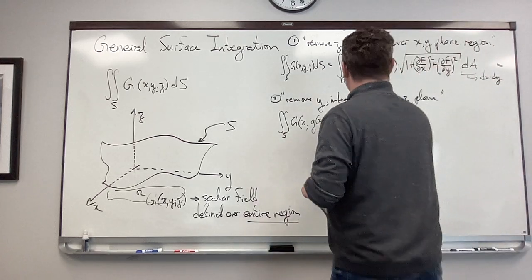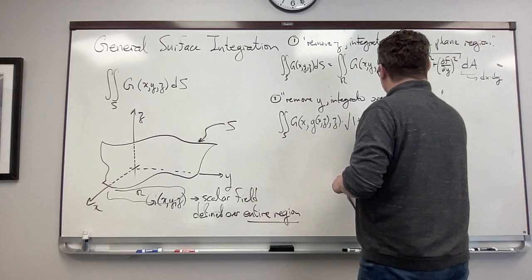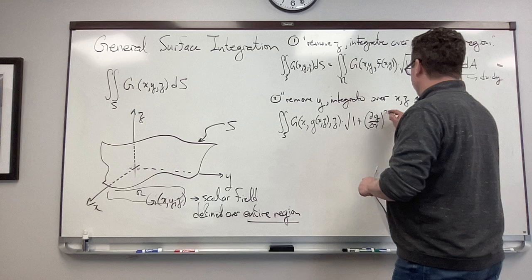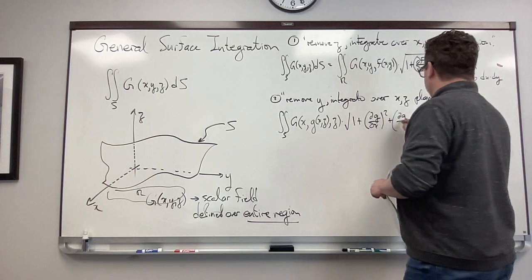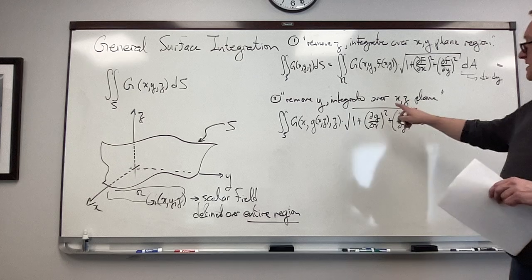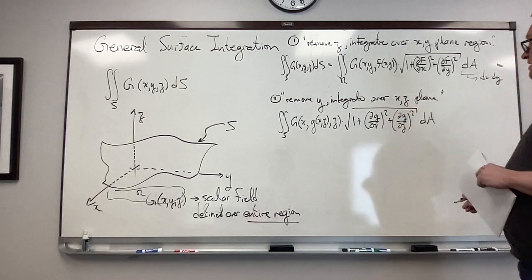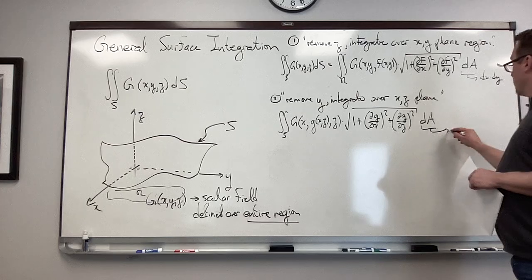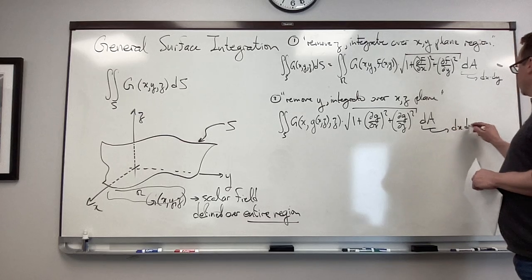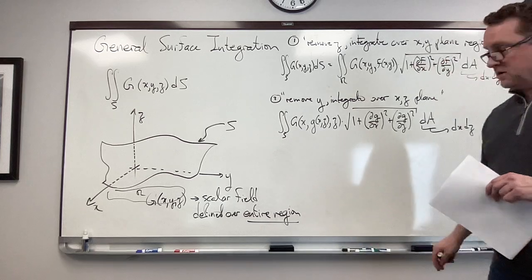And then we take this and we go 1 plus the partial g, partial x, whatever's left, and partial g, partial z squared. That converts that surface area element to our double integration element, and this guy here will now be dx dz. And these limits will be limits in x and limits in z.